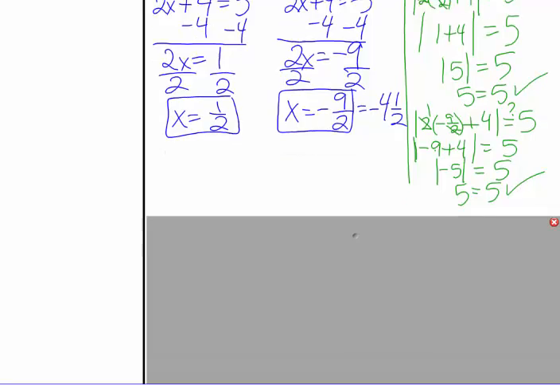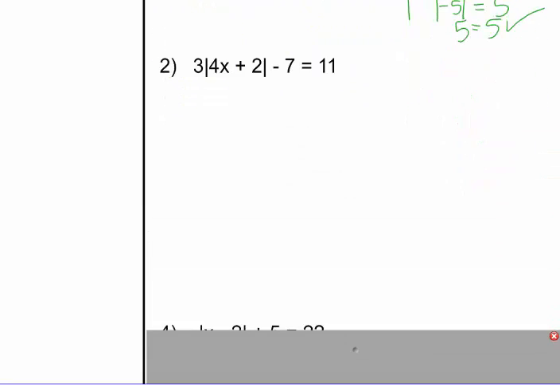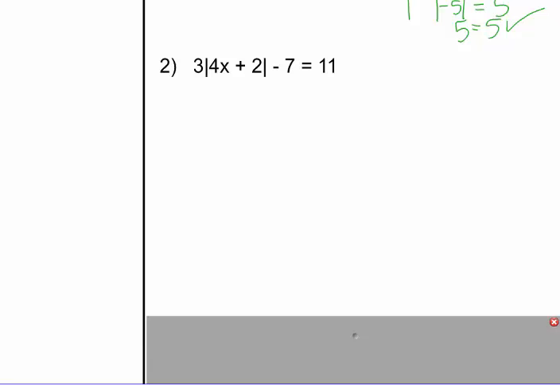Next example. Note with this one, we have some numbers outside the absolute value part. When you are solving an absolute value equation, you need to make sure that you isolate the absolute value first.